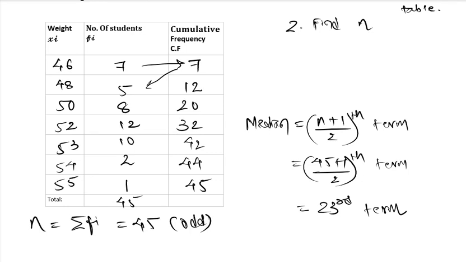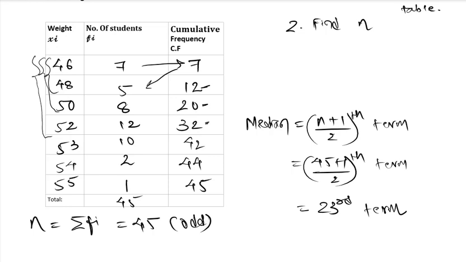The weight of the first 12 children is 46 and 48. The weight of the first 20 children is 46, 48 and 50. The weight of the first 32 children is 46, 48, 50 and 52.